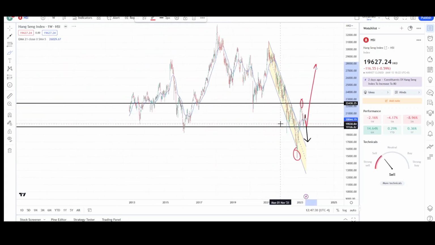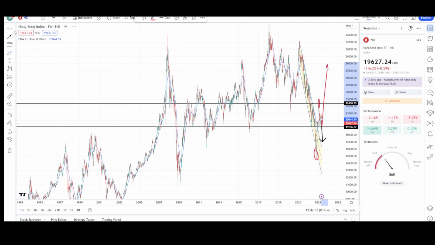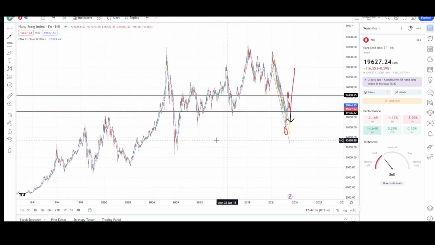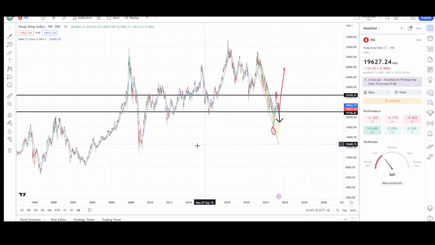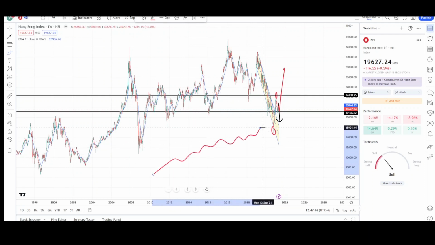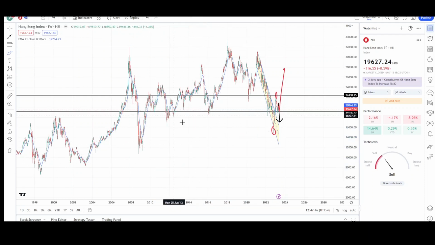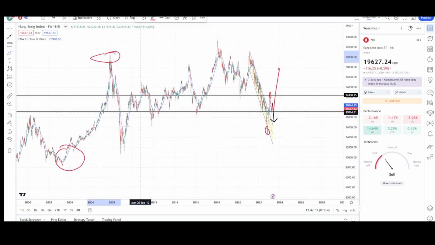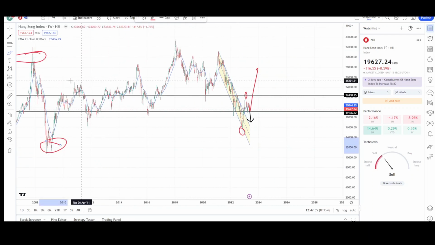Eventually this downtrend will probably come to an end, because if you look in the past, HSI is not really a buy and hold index because of these very large up and down swings. It's not a nice smooth uptrend where you can just buy the dips and hold on. This is basically a cyclical index, meaning you try to find the bottom, you sell when it gets overextended, you buy when it gets really low, and you sell when it gets overextended.